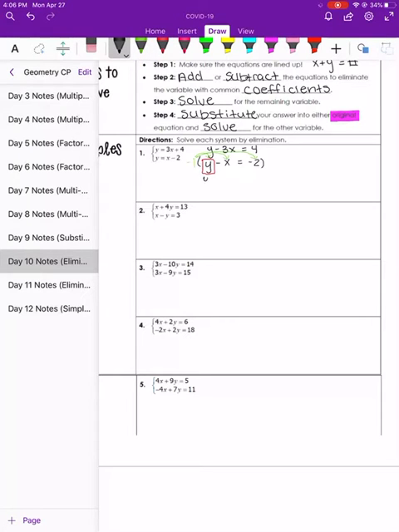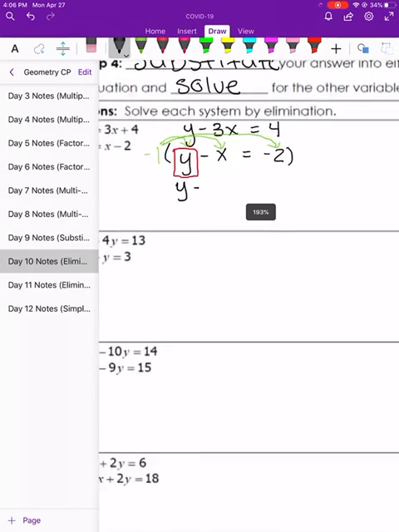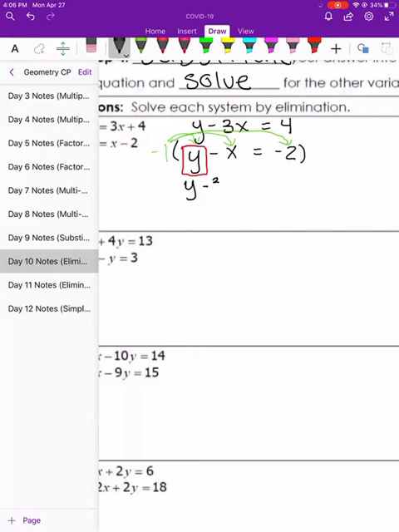So you should now have y minus 3x equal 4, and negative y plus x equal positive 2. Now we just add them. So y minus y cancels, which is what we wanted. Negative 3x plus x gives me negative 2x equals 6.